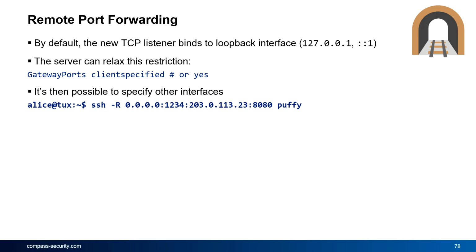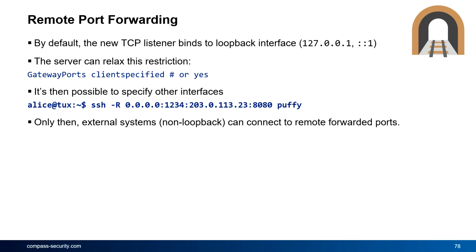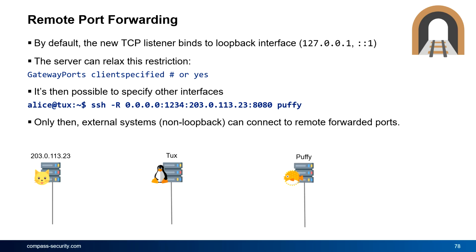So this all zero IP address means that the service on port 1234 should listen on all interfaces. Only then external systems, so non-loopback addresses, can connect to these remote forwarded ports. So we can see this here.